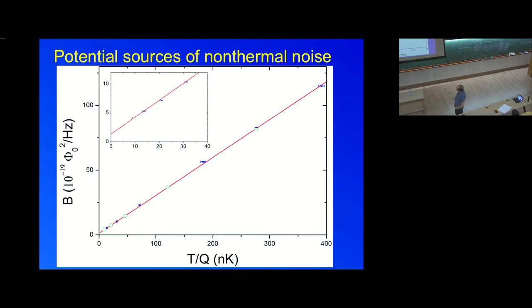Then you could have a small part of the dissipation which has a saturation at a temperature larger than, which could be something like here. And this would then appear just as a constant temperature here.